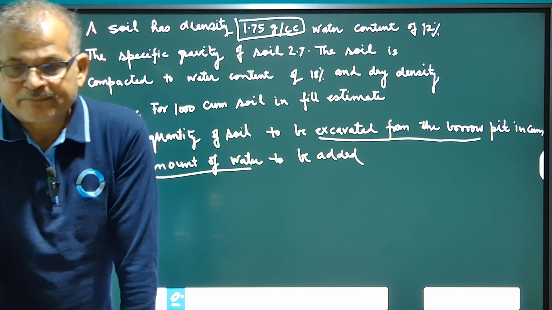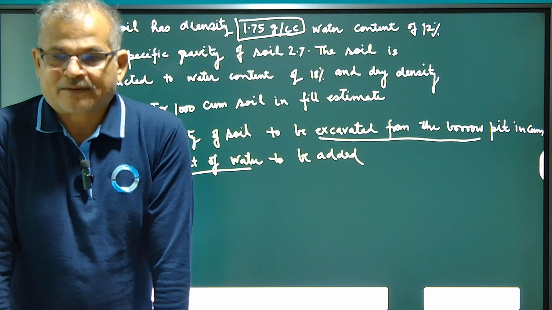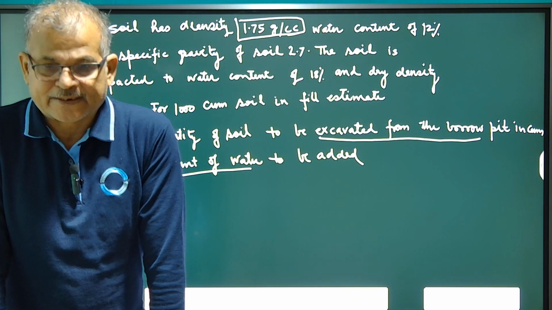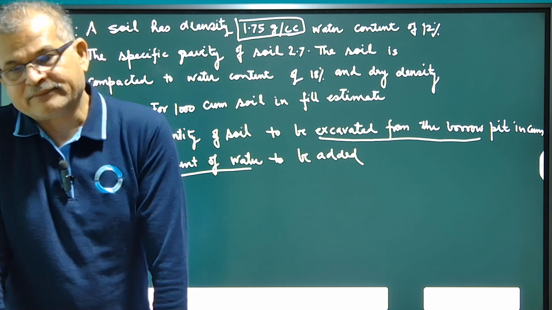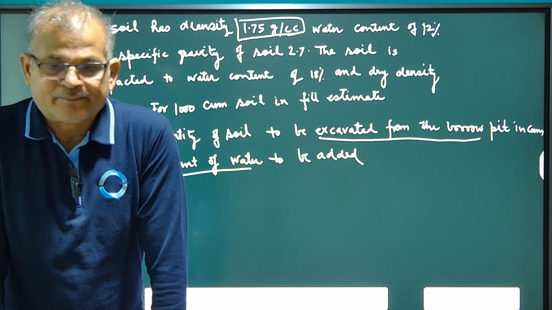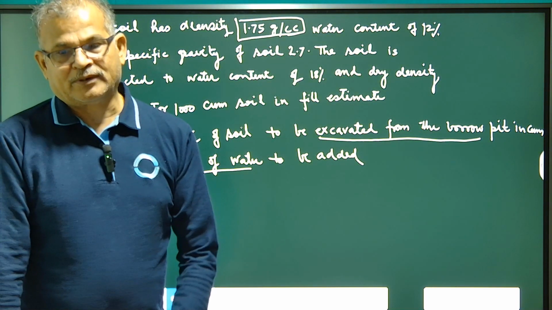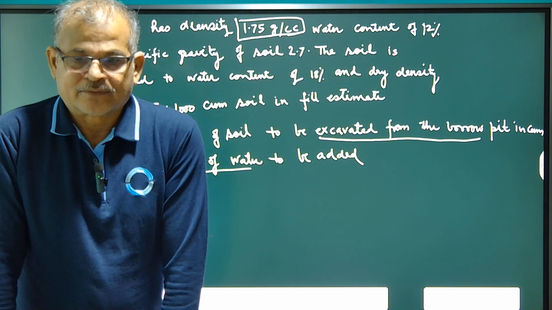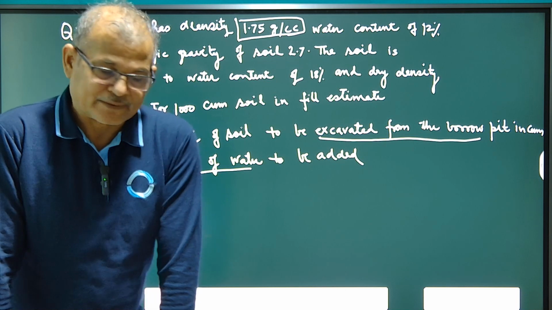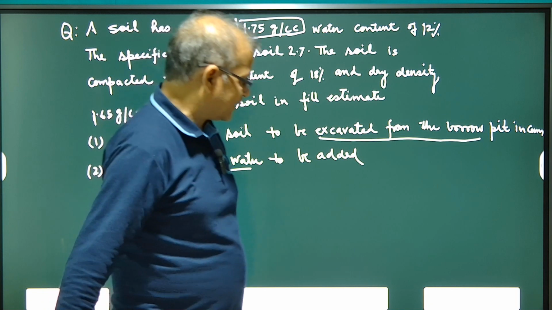If we know the dry density, we can know the mass of soil solid, since the mass of soil solid upon volume is the dry density. The mass of solid will remain constant for the borrow area soil as well as the soil brought into the embankment. Only the variable is the voids where water or air is available. So we must find out the dry density, whatever parameter is given. So let us find out the dry density of the embankment soil.